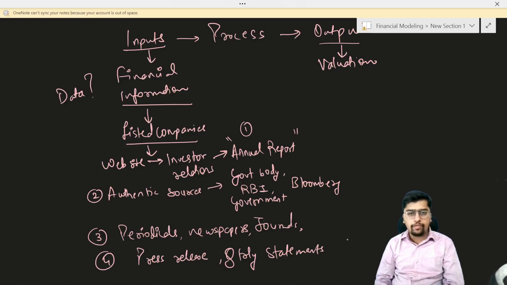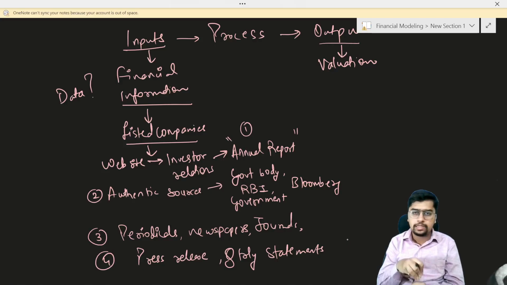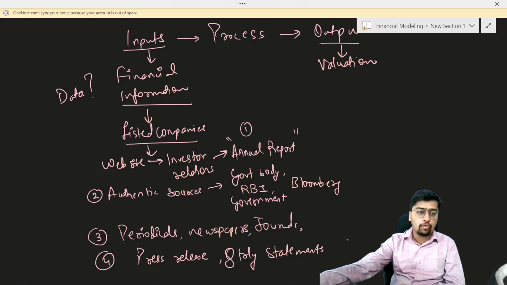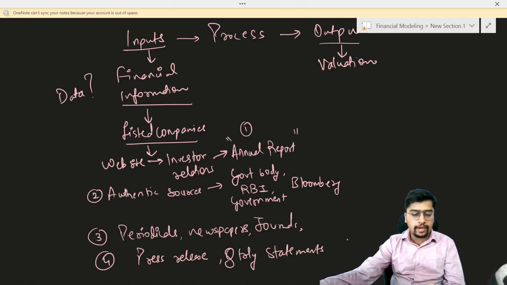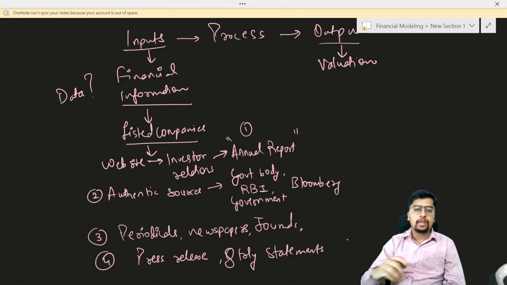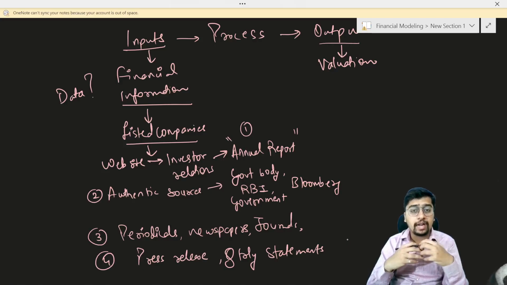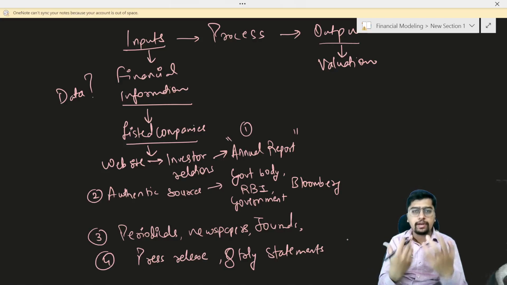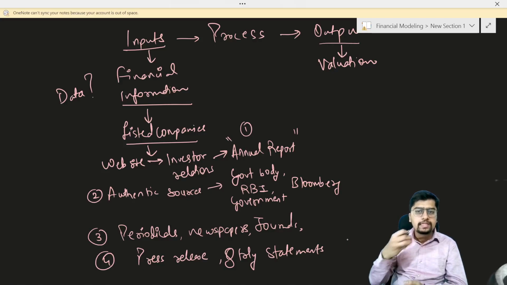Other sources can be referred, but how much you believe in those sources is a matter of question. So these are the foremost tools. Of course, you need data. So you will get data from annual report. You will get data from authentic sources. This data you will be transferring onto a spreadsheet or Excel, and you will be doing some process on that to come to your valuation.